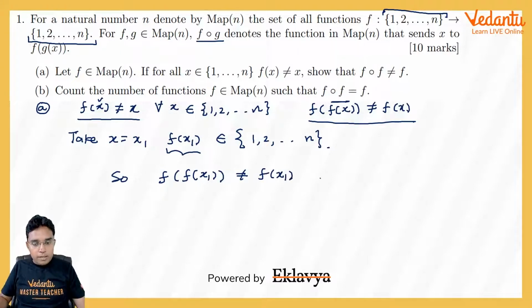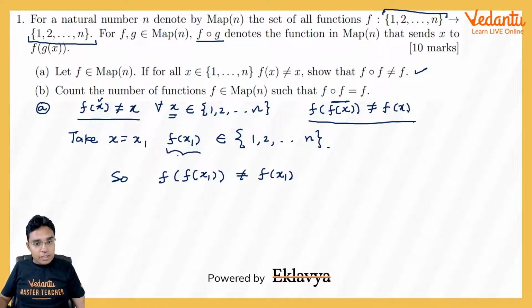I hope this is clear, and this is just an easy way to say what they are asking us to prove. See, they are saying that for all x belongs to 1, 2 up to n, f of x cannot be equal to x. Now if I take any x as x1 or maybe x2 or something like that, this f of x1 will be the value of this function and it has to lie in the codomain, and codomain and domain they both are the same.